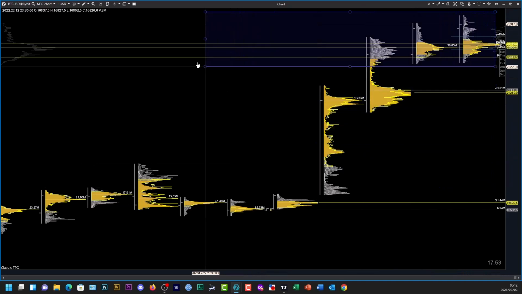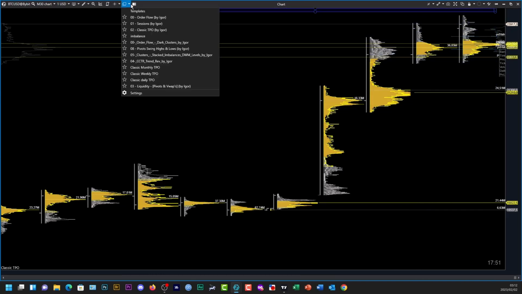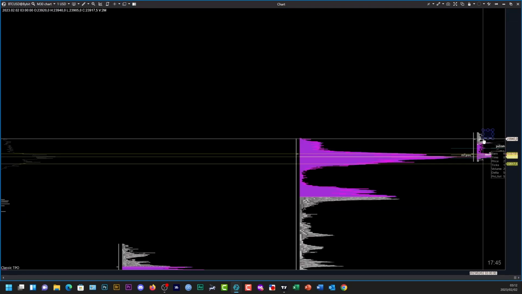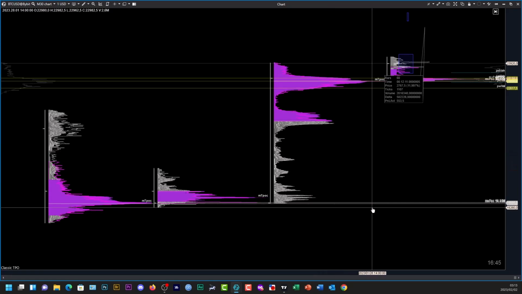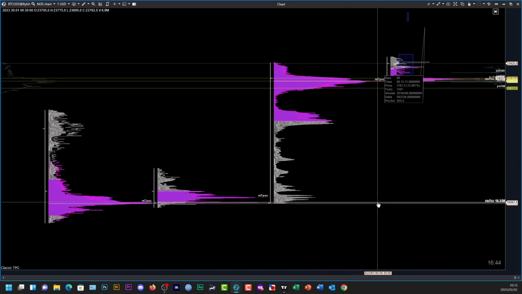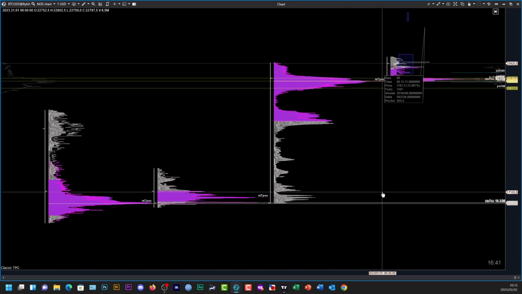Then I'll look at the monthly TPO, and really the only significant one here is down at 16,555. The other thing I'll do on the daily that I failed to mention is look for poor highs and poor lows and single prints, and I'll make a note of that.